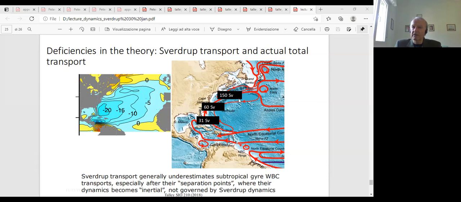This is a huge amount of water transported by this current, which compensates the current that goes southward in all the interior of the ocean due to the input of negative vorticity from the wind. So 150 Sverdrups more or less, or between 60 and 150 Sverdrups moving northward, and the return flow is more or less like that.